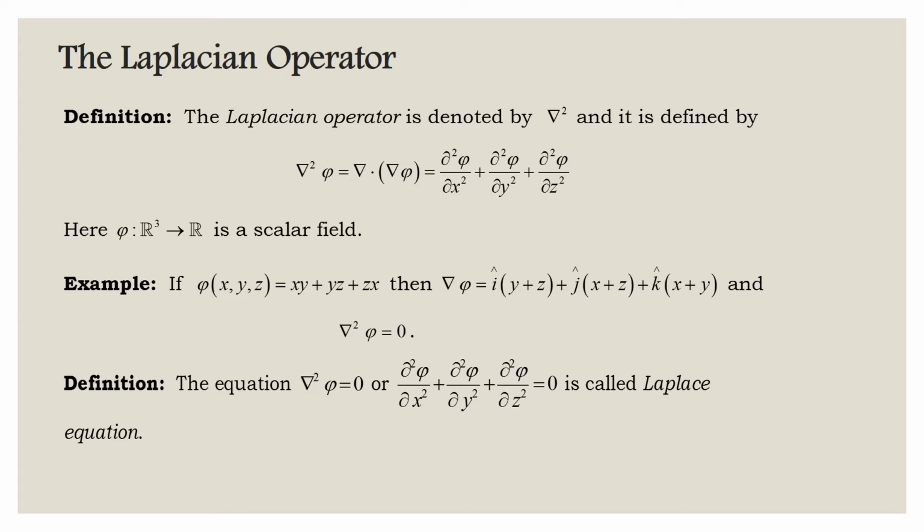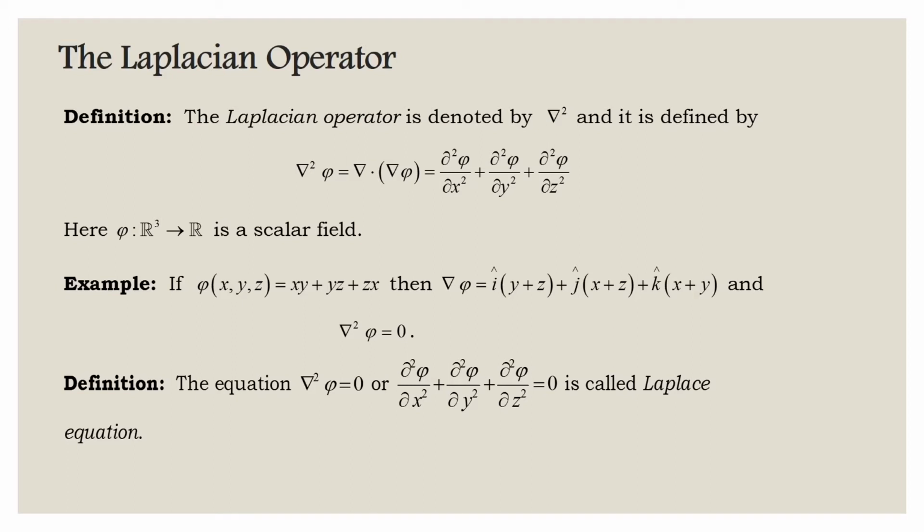Del phi equals i cap dou phi by dou x plus j cap dou phi by dou y plus k cap dou phi by dou z. So, we have to first find out dou phi by dou x, dou phi by dou y and dou phi by dou z. Here in this example, dou phi by dou x equals y plus z, dou phi by dou y equals x plus z, and dou phi by dou z equals x plus y.